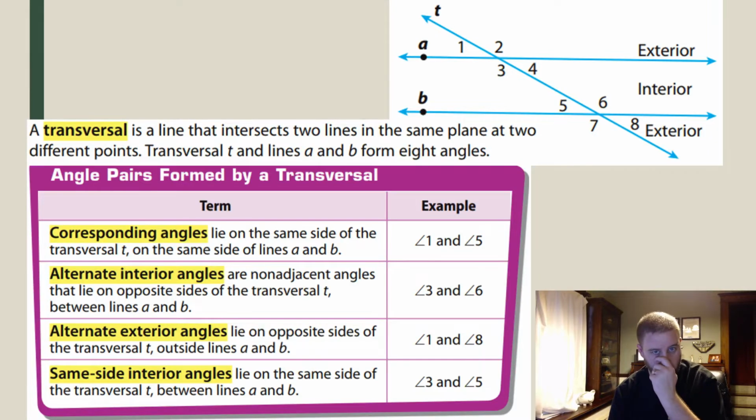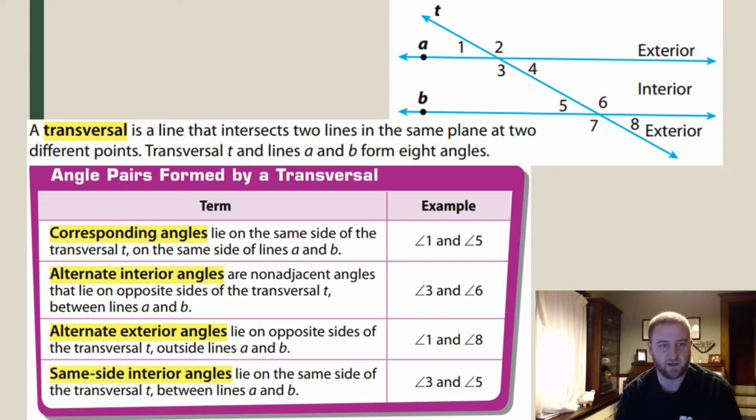If you were to take this intersection and slide it down so that it overlaps with this intersection, the numbers that would be on top of each other are corresponding. So 2 and 6 are corresponding, 4 and 8, 1 and 5, 3 and 7. Corresponding angles are congruent, so they're going to be the exact same angle measurement.